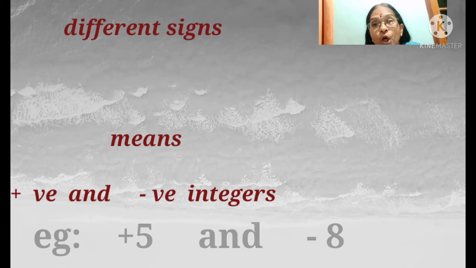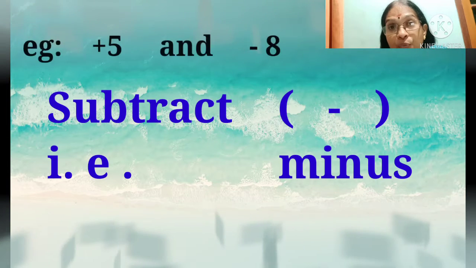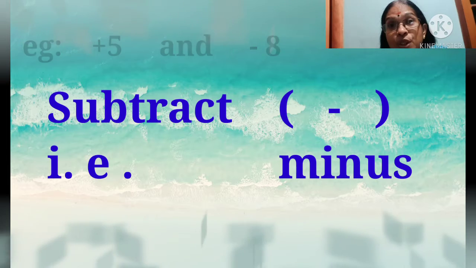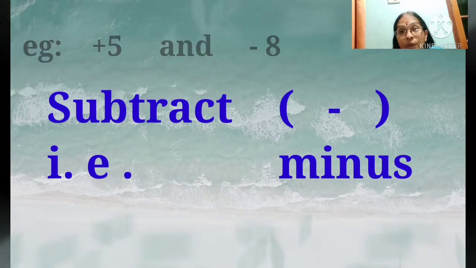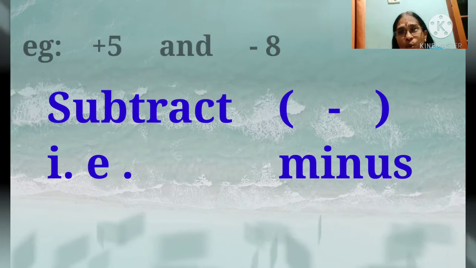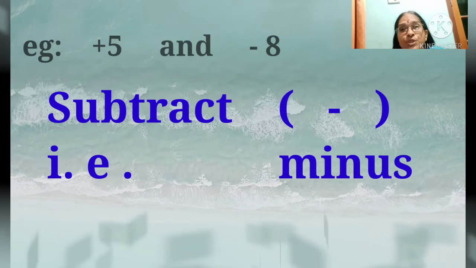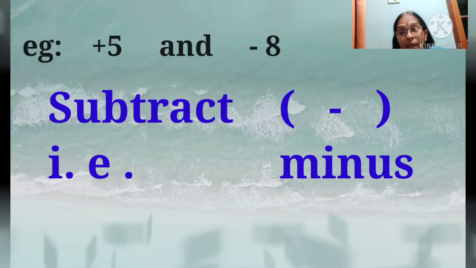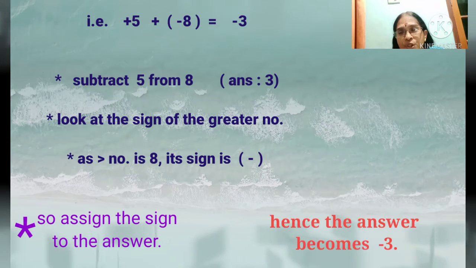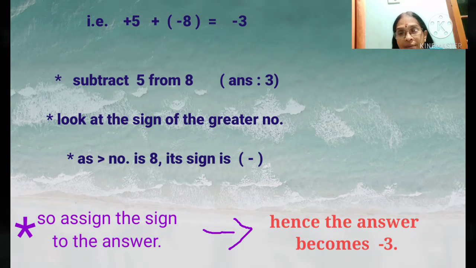No doubt at all, dear children, you have to subtract. If you are getting two integers with different signs and you are asked to add them, what you have to do? Without any doubt, you have to subtract. Then it is not finished. After subtracting, you will get one answer.